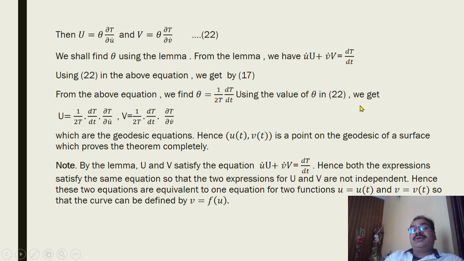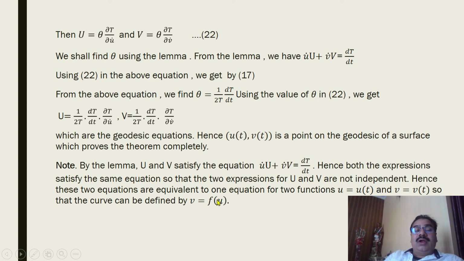Using the value of theta in 22, we get U is equal to 1 by 2T d capital T by dt into del capital T by del u dot, and V is equal to this, which are the geodesic equations. Hence u(t), v(t) is a point on the geodesic of a surface, which proves the theorem completely.